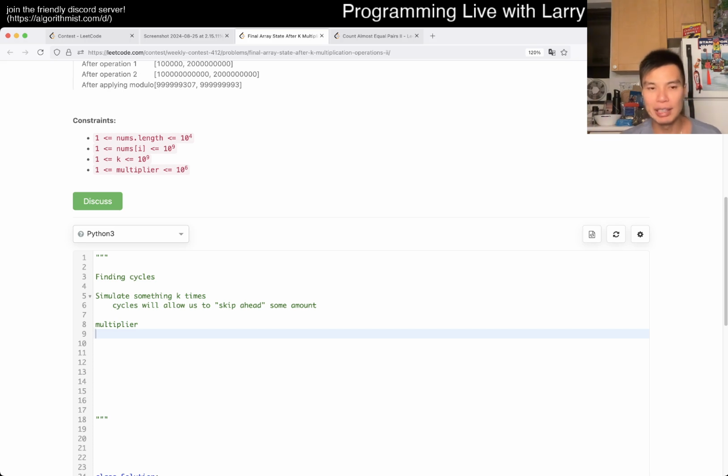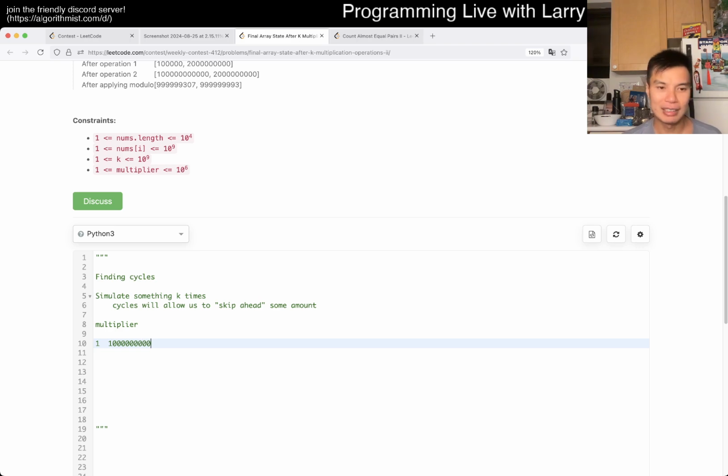after you run it a few times, let's say the simulation, we run it enough times, then what happens, right? So let's say you have a really small number, 1, and then you have a really big number, right? And then let's say the multiplier is 2.